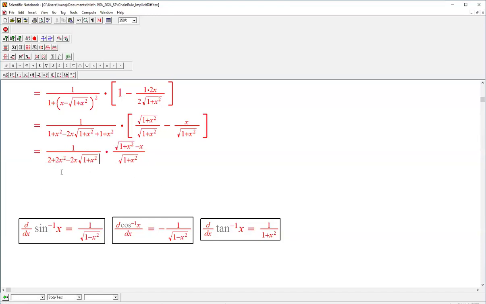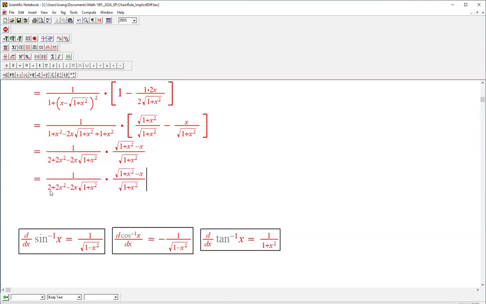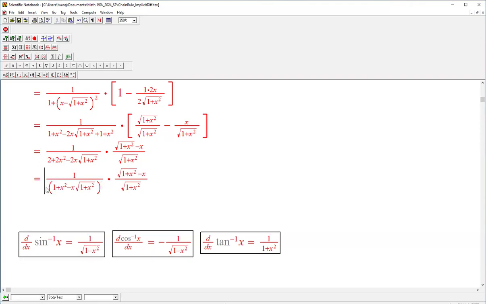It seems that we can factor out the 2. This is very good practice with algebra. So the 2 is factored out, taken out, and the 2 is outside.